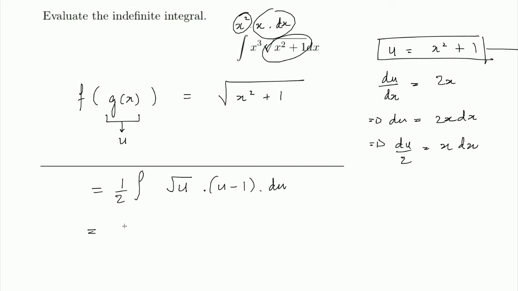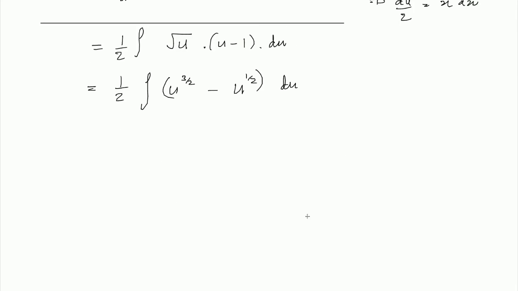Okay? Once again, this is just polynomial integration. This is u to the power half times u, which is u to the power 3 halves, minus square root of u, which is just u to the power half. This is not so hard, is it?